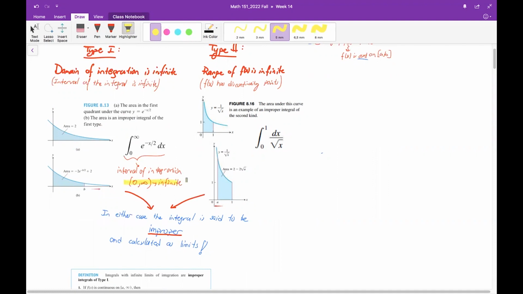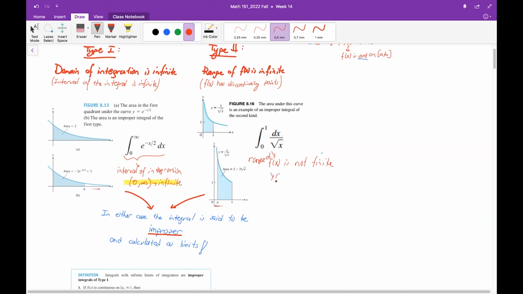Okay, the problem is this one in this first case. And the area under the curve y equals 1 over x is computed by this integral, from 0 to 1. This is an example of the case where the range of the integrand function is not finite. The range of f of x is infinite.